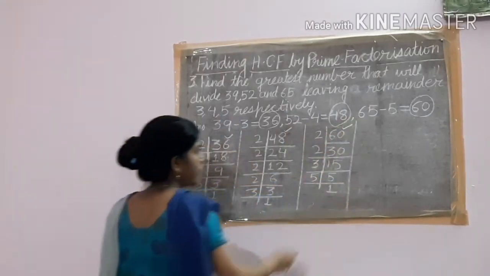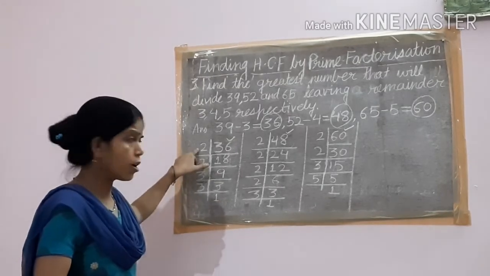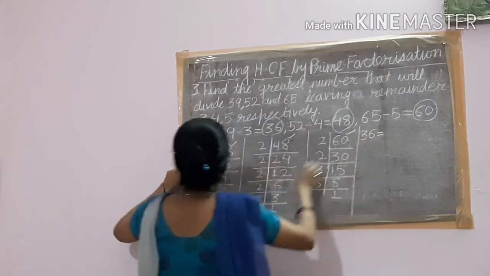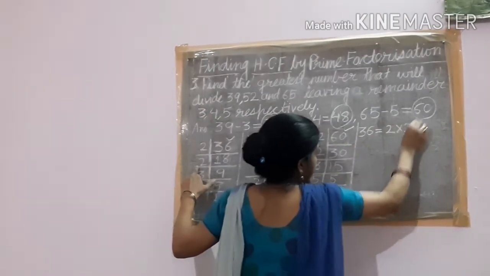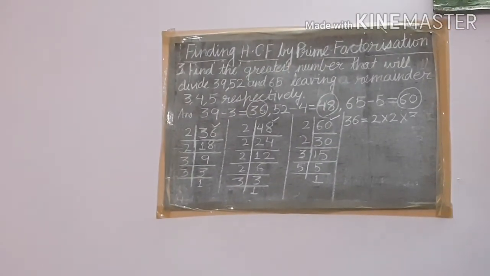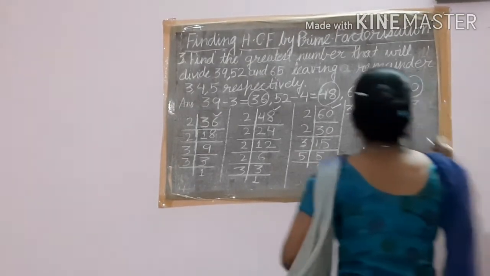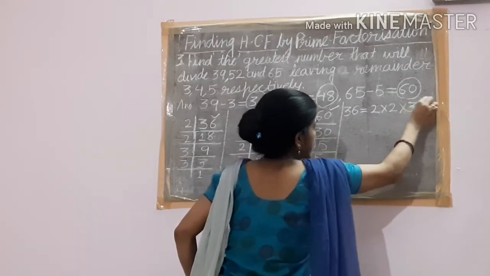Now next you have to find the common prime factors. Before that you write all the prime divisors. So for 36, 2 times 2 and 2 times 3.